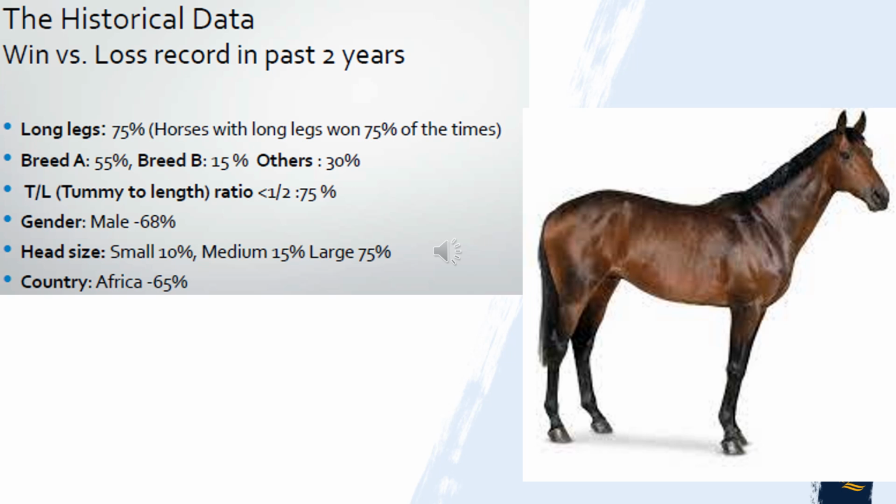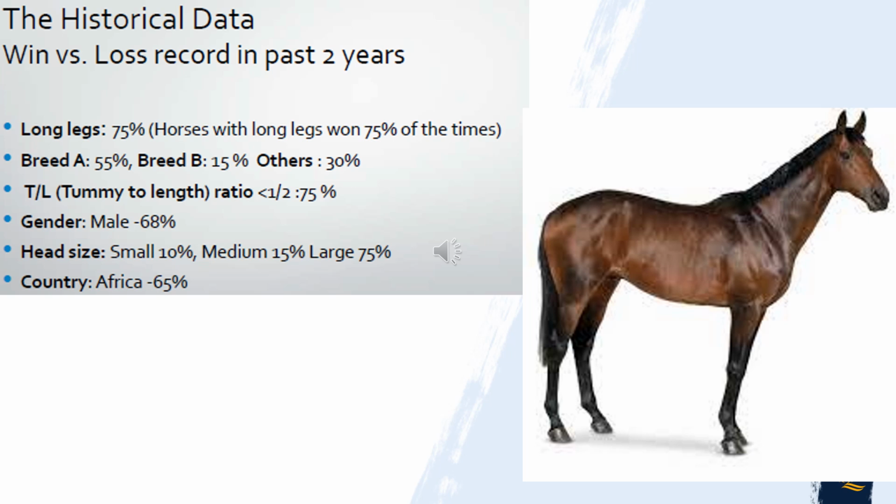Tummy to length ratio, T over L. Horses with a tummy to length ratio of less than 1 to 2 win 75% of the time. This unusual metric may correlate with high agility or stamina. Next is gender.